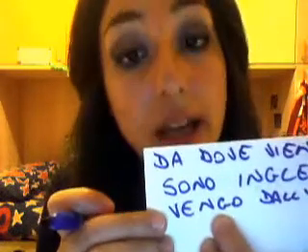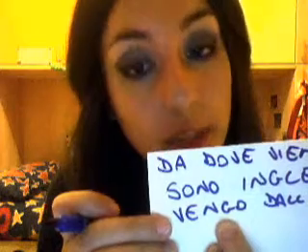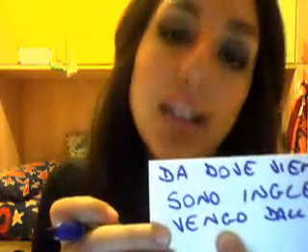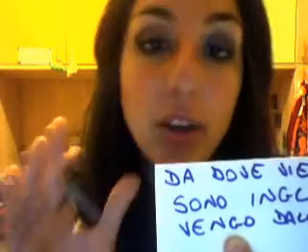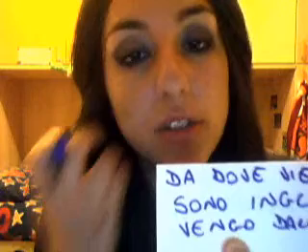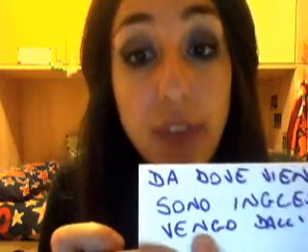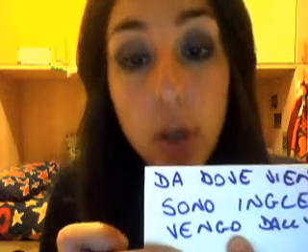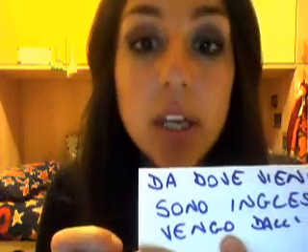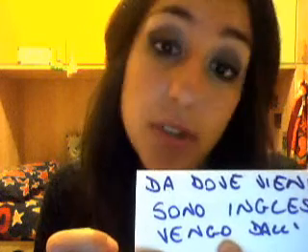Vengo is I come. You can't get confused about which person vengo refers to, because with the o at the end, it just refers to the first person.